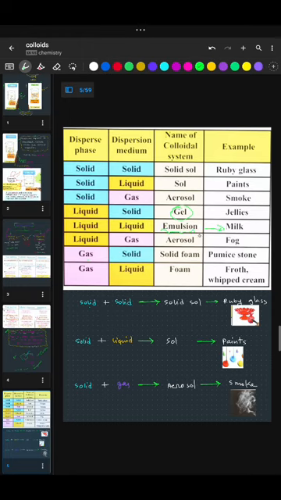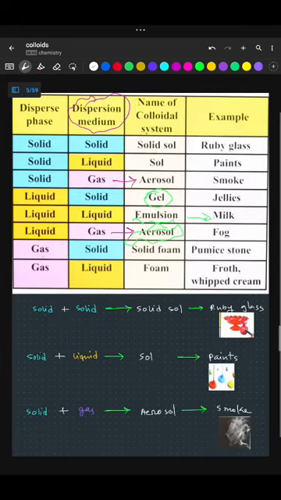And liquid and gas, which is again aerosol. The common pattern is that whenever it has gas as its dispersion medium, it is mostly called aerosol every time. And again, then we have gas plus solid, which is also solid foam. The example of it is pumice stone. And if we put gas and liquid, it is also foam.